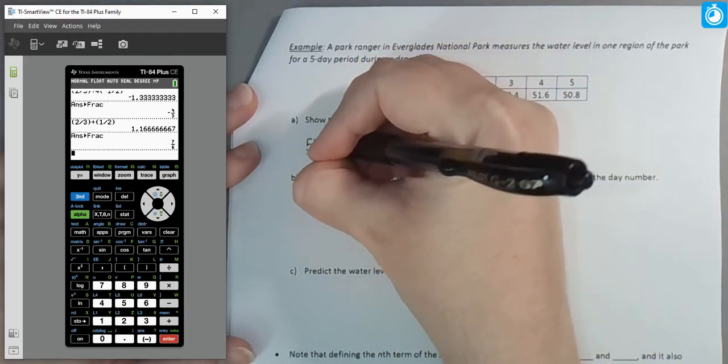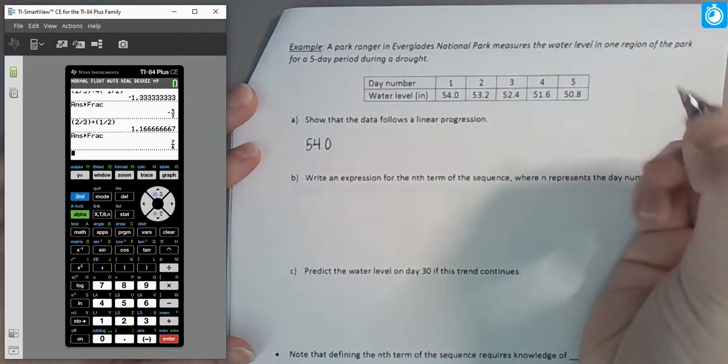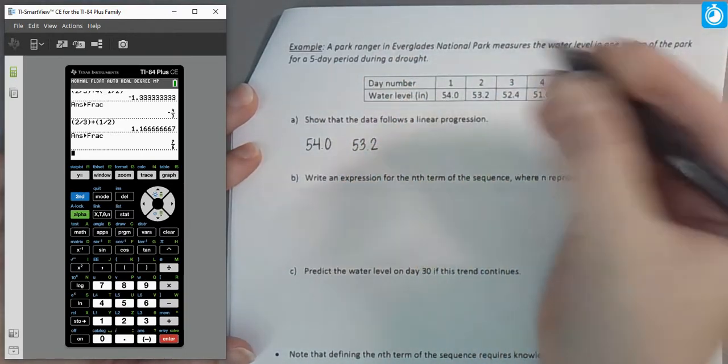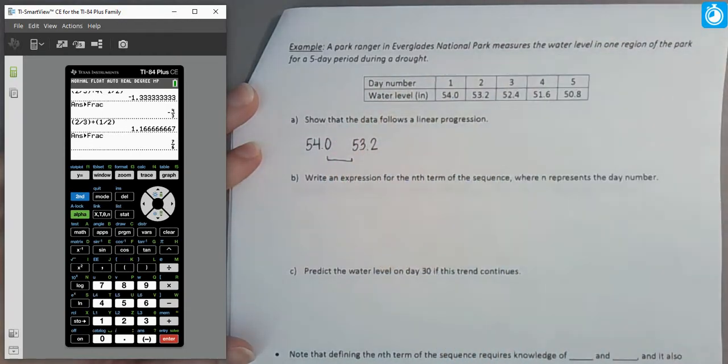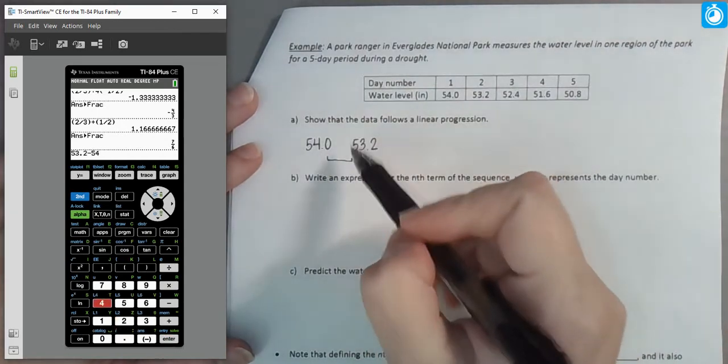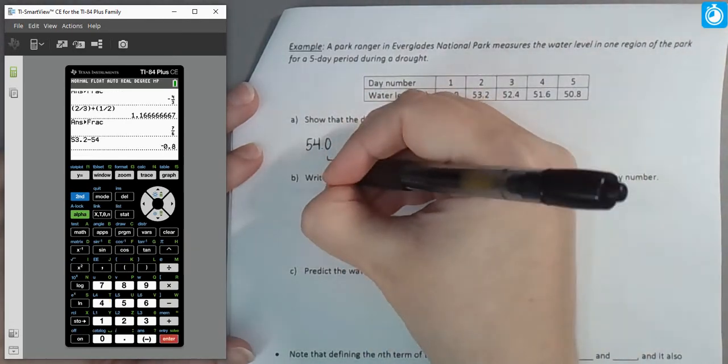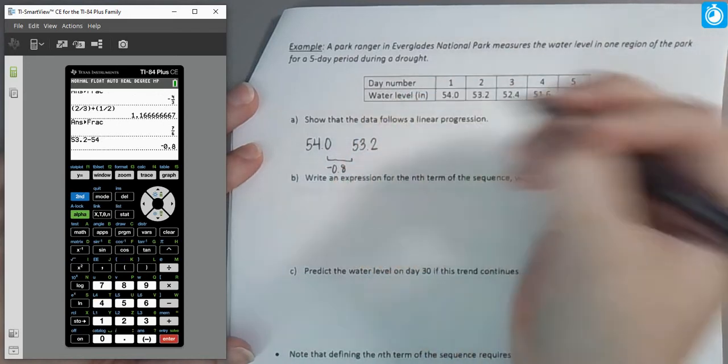So what would it take to go from the level on the first day to 53.2? What happens to progress from one to the other? Well, if we go from 54 to 53.2, 53.2 minus 54. The further out term minus the preceding term is going to be negative 0.8.